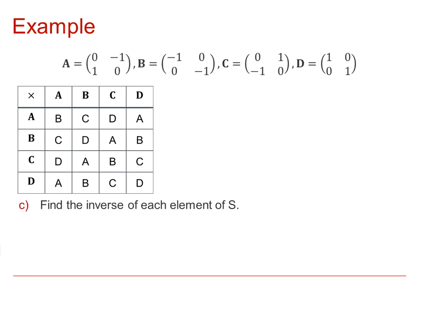And then once we've got the table showing all the combinations, then we can think about what are the inverses of each element. So remember that the inverse is the thing that we multiply together to give the identity.